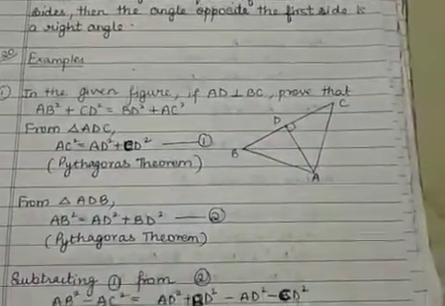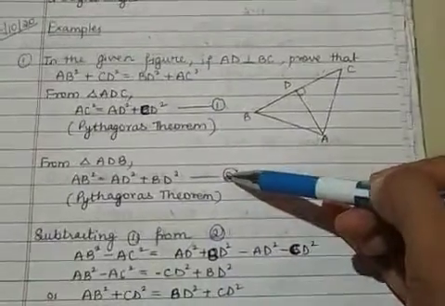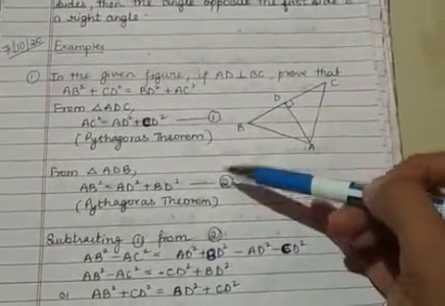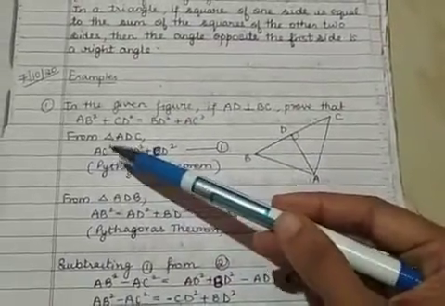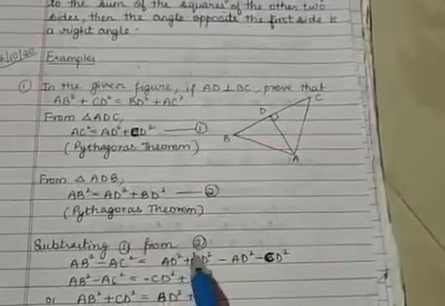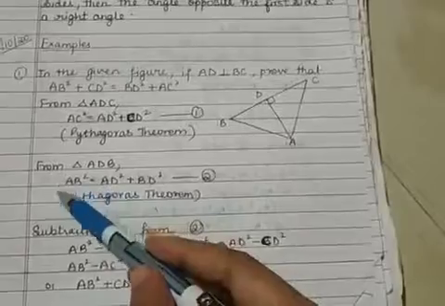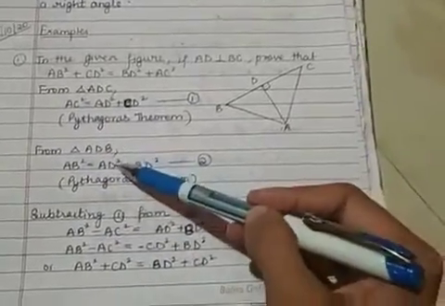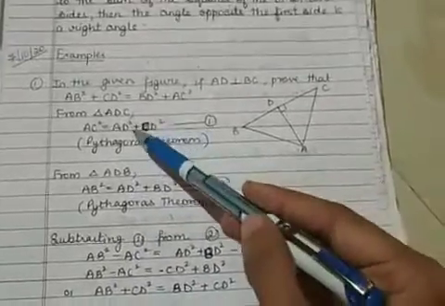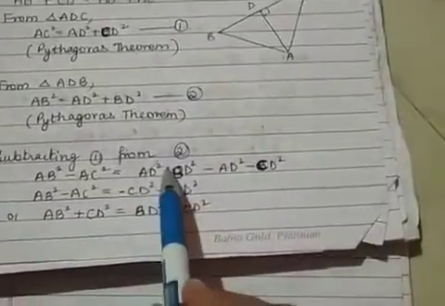Now let us number this equation as 1 and this equation as 2. Next we will subtract 1 from 2. On the left hand side we get AB square minus AC square is equal to AD square plus BD square minus AD square minus CD square. Here AD square and minus AD square get cancelled.